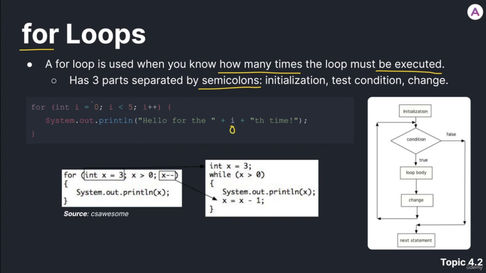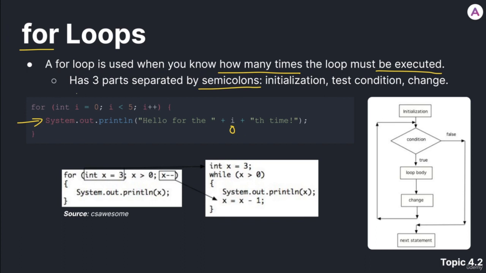Now, here's where the for loop differs a bit. Since we've executed all the code inside the set of curly braces that define the for loop, we execute the change condition. Right after all the code is completed, we execute the change condition. What is the change condition? Well, it's incrementing i by 1, i++.